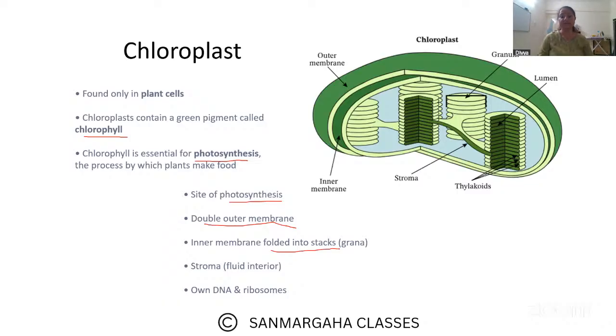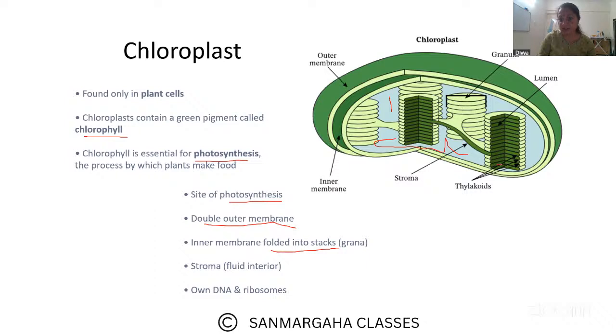So the grana. And see the stroma here, this blue colored matrix that you are seeing, all of this is the stroma, that is, it is filled with the fluid matrix. And you have the thylakoids here.